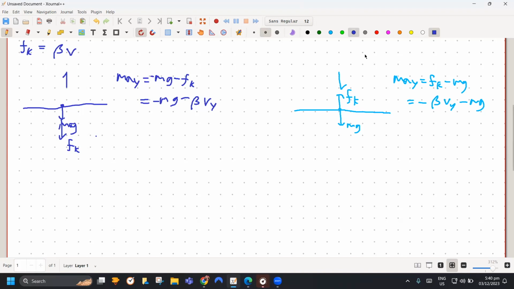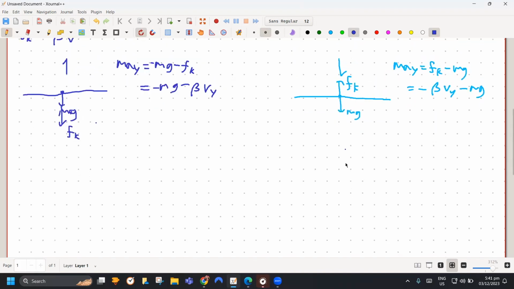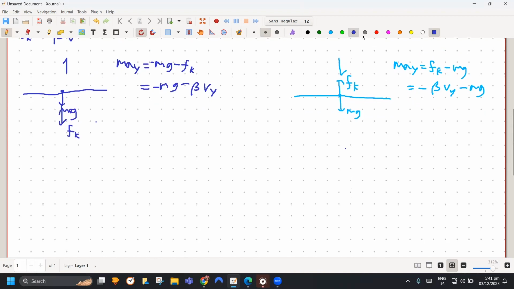So, binigyan ko ng sign yung speed na naging velocity, kasi velocity yan eh. Kaya pansin mo yung pagkakasulat ko na yung force ay negative beta. Tingnan mo yung sinulat ko, yung starting FK vector.